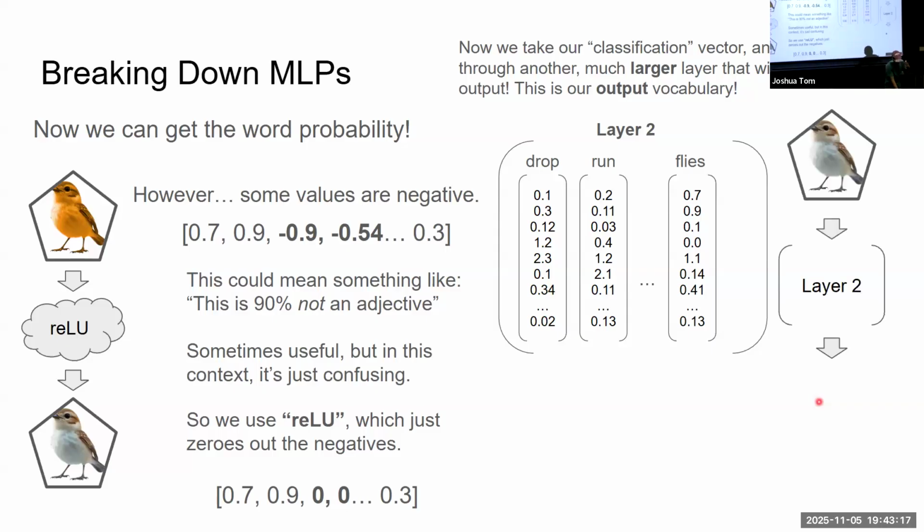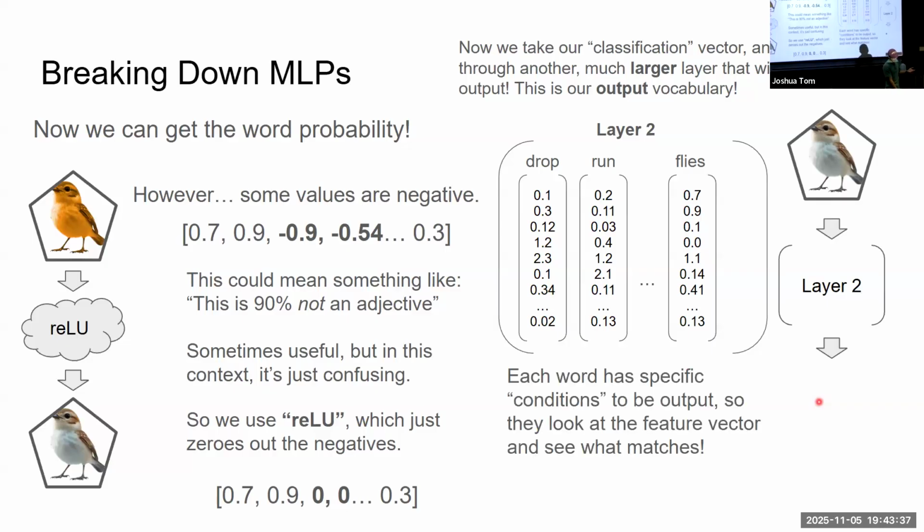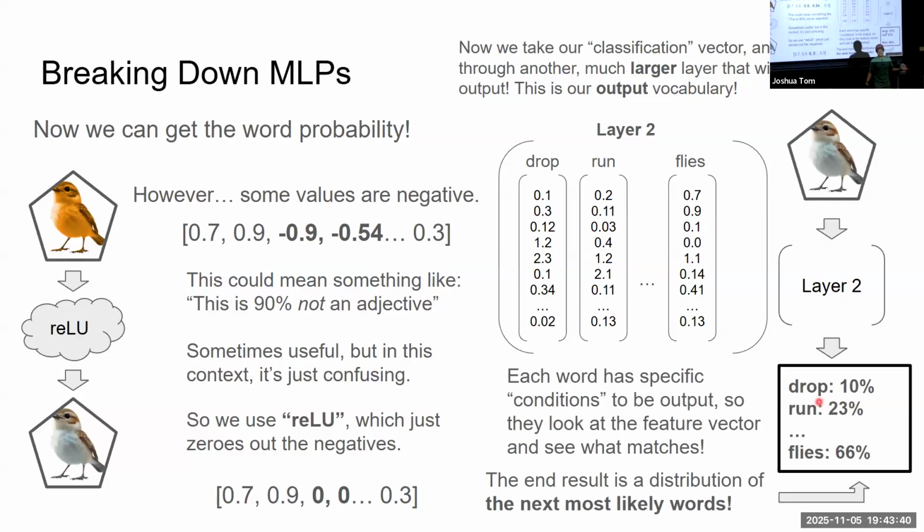So run might say, hey, I'm going to output strongly if it's got legs, if it moves fast, if it's a mammal or something. Basically, once we've checked bird against every single one of those word templates, we get a distribution. Well, we don't actually get a distribution. We have to do something called softmaxing, but I didn't include that.